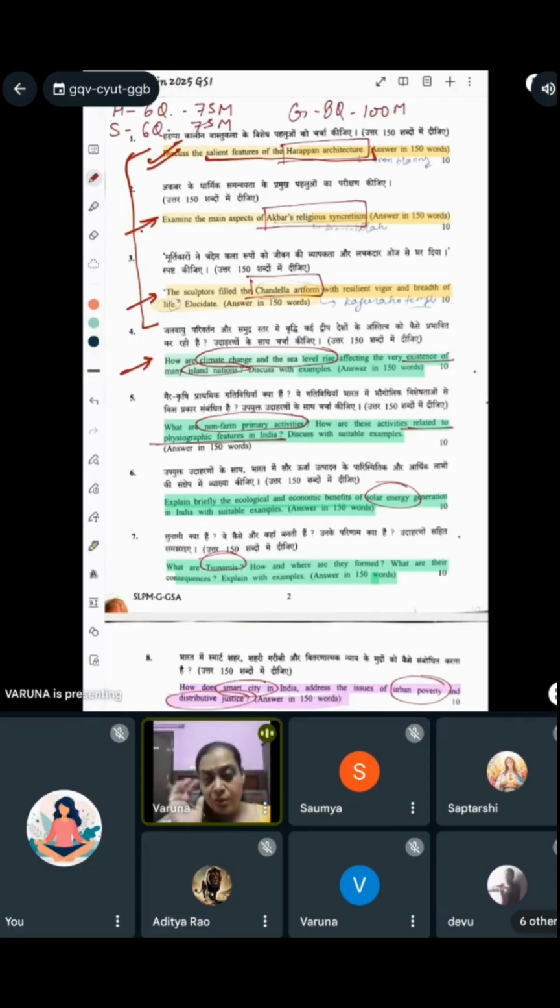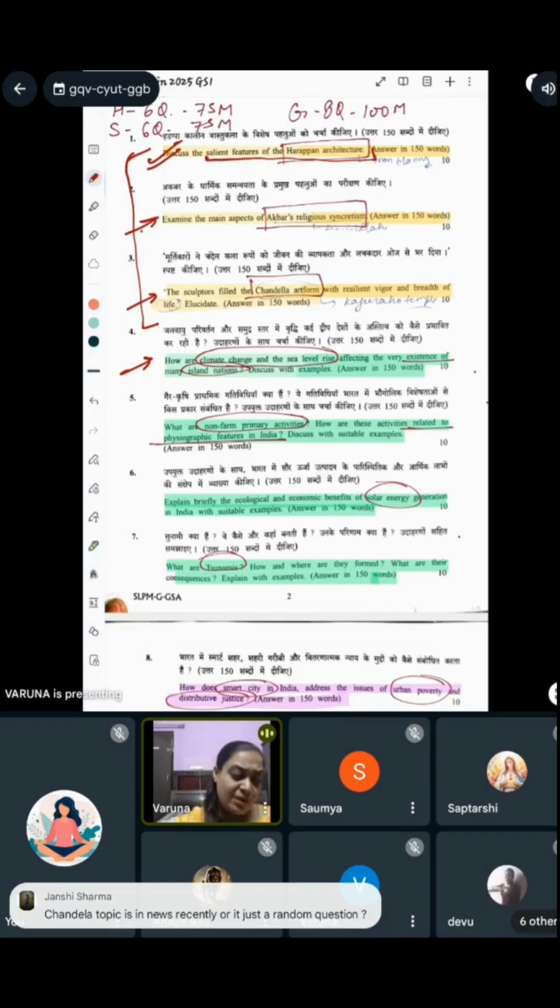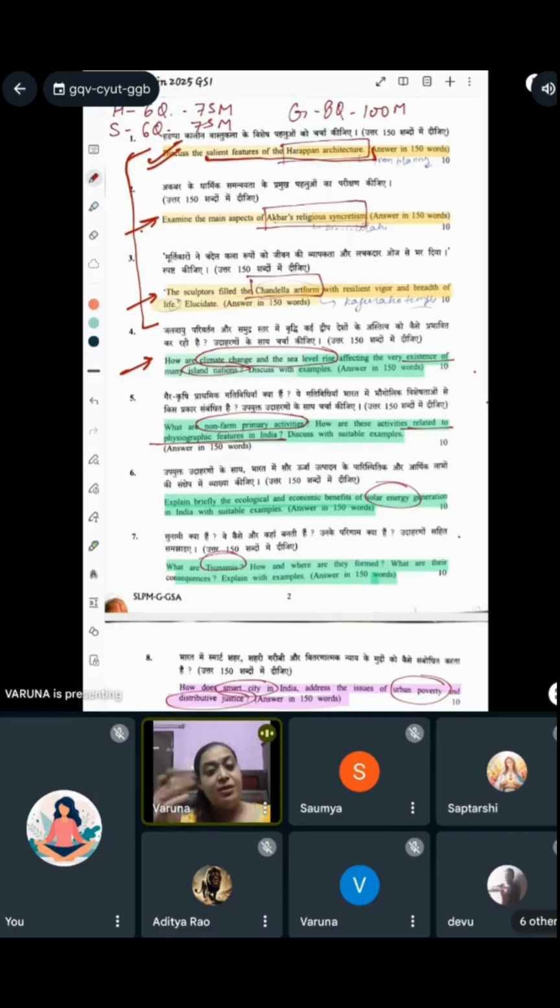Even if you are not well versed with the current affairs, if you have gone through the PYQs, then you must know that UPSC has asked questions related with climate change and sea level rise time and again, though it very much looks like a GS3 kind of question, because environment and pollution and climate change are part of the GS3 portion. There we are preparing with this particular topic in detail, but it has been asked here.